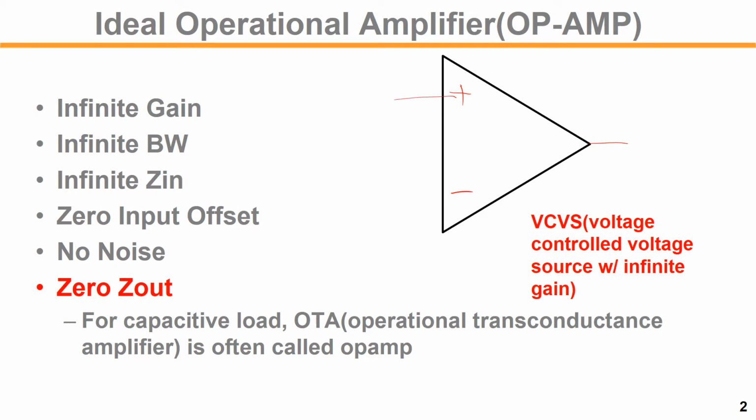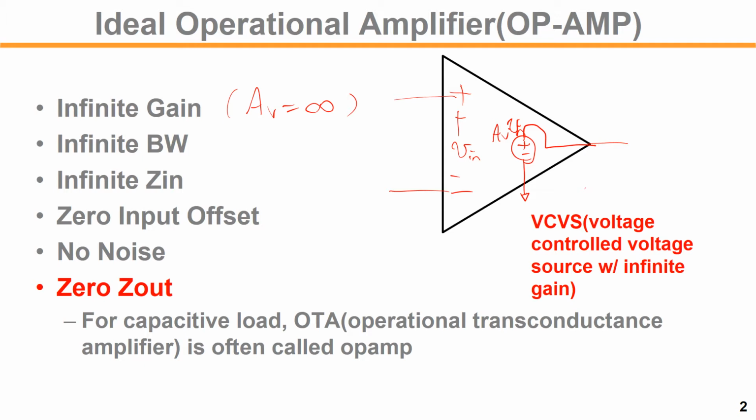It has two terminals, and takes the measure of the input voltage difference and drives the voltage output, AV times V in. So AV here is infinite, so the AV equals infinite gain.